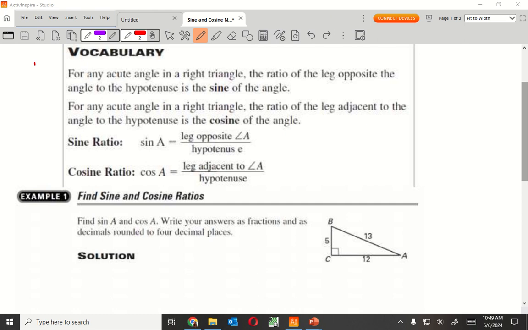Okay, so, look. We're going to set this up as a triangle. This is going to be a right triangle. I will call the vertices A, B, and C. You guys are drawing this, right? So, the side opposite the right angle is always my hypotenuse.